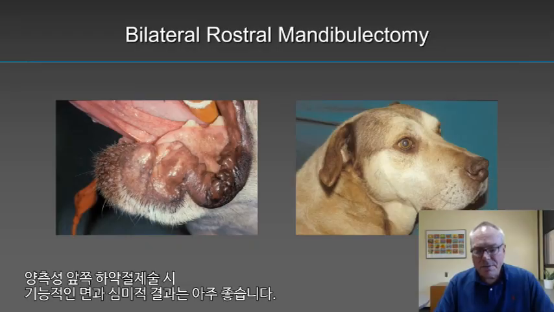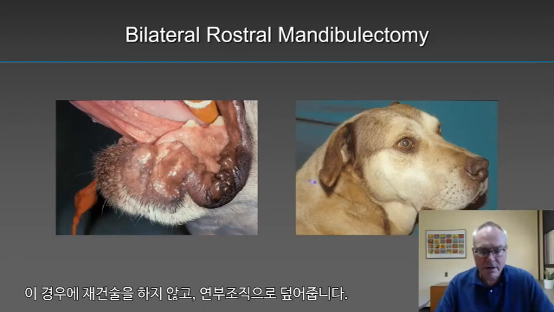The cosmetic and functional result of a bilateral rostral mandibulectomy is very good. So we don't attempt, or most people don't attempt, to reconstruct the bilateral rostral mandibulectomy defects. If you don't reconstruct a bilateral rostral mandibulectomy, then you just cover the two stumps of mandible with the soft tissues.